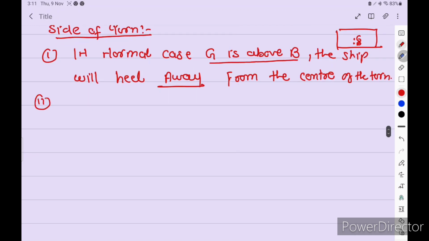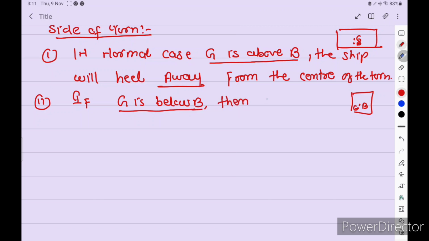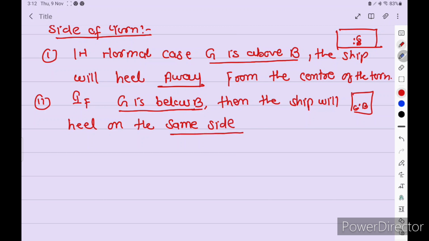Second, if G is below B, that means B is here, G is here, then the ship will heel on the same side of the turn.